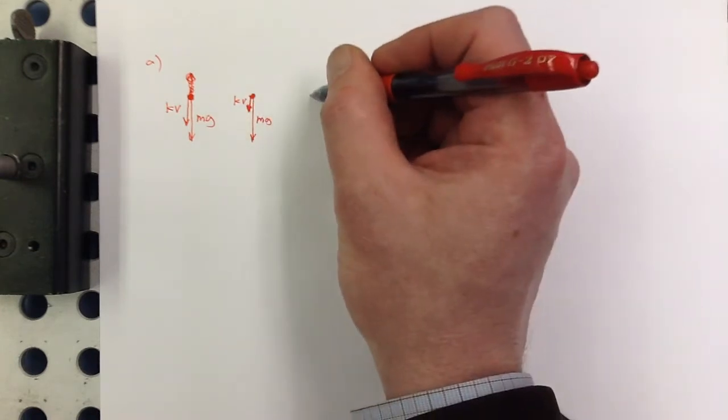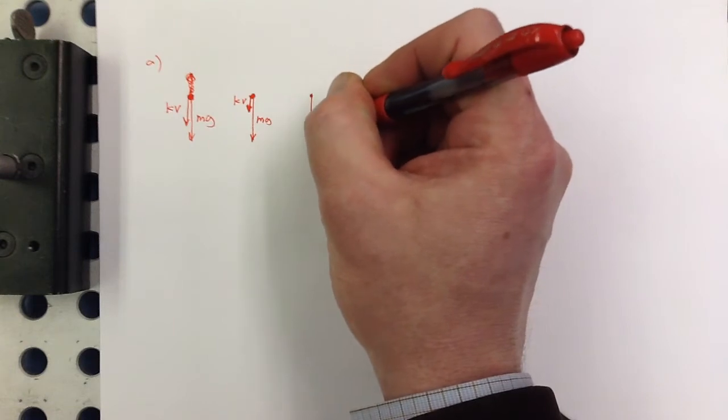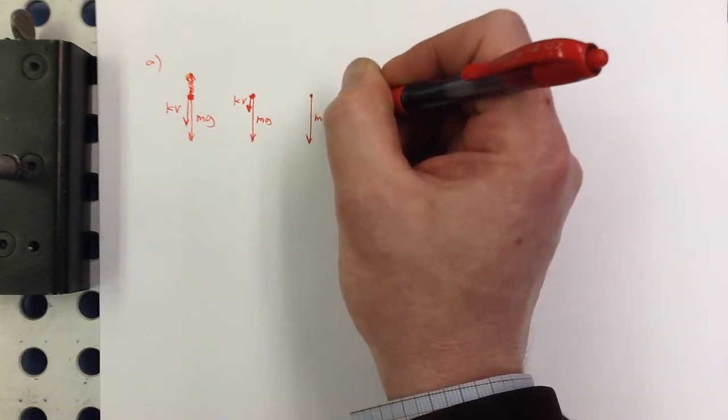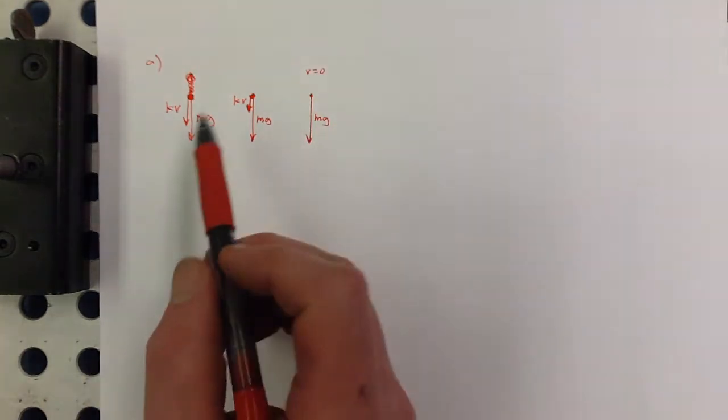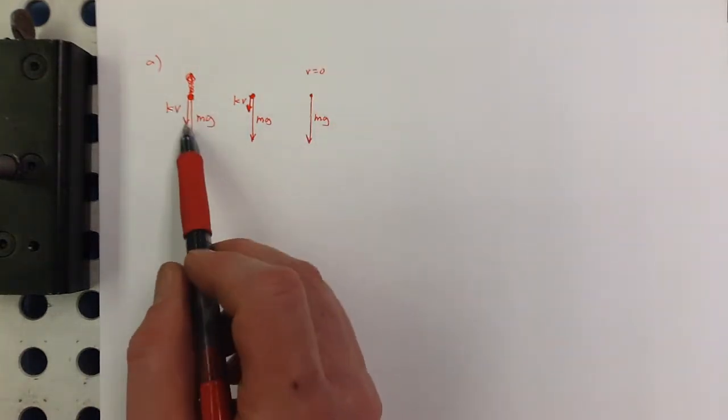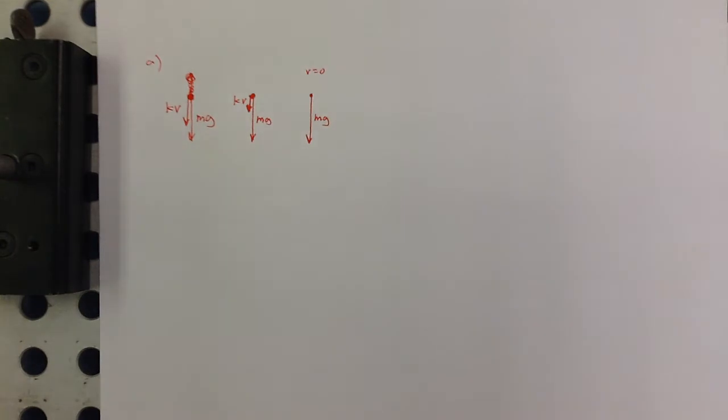Until at the top there's no air resistance at all, when v equals 0. So this is the greatest acceleration here, and it's getting less, right? So it's decreasing.